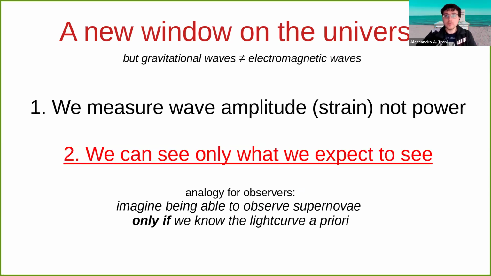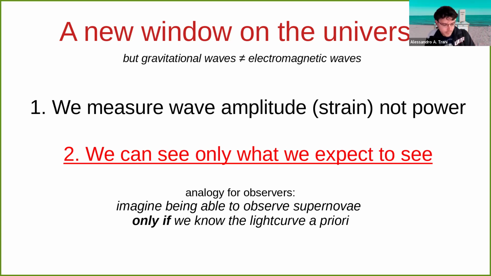This is, of course, a very powerful tool, but it's important to remember that gravitational waves are very different from EM, electromagnetic waves. First of all, we measure the wave amplitude, called strain, not the power. We don't count gravitons, just like we count photons on a CCD.